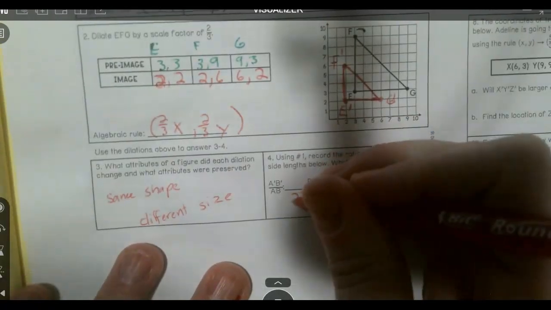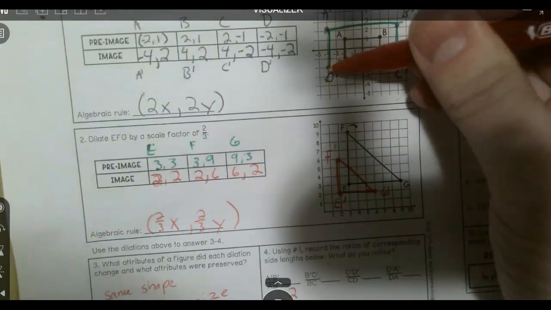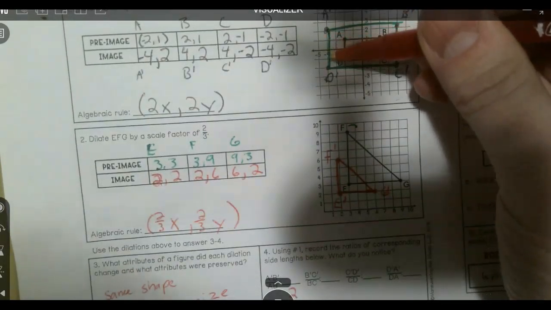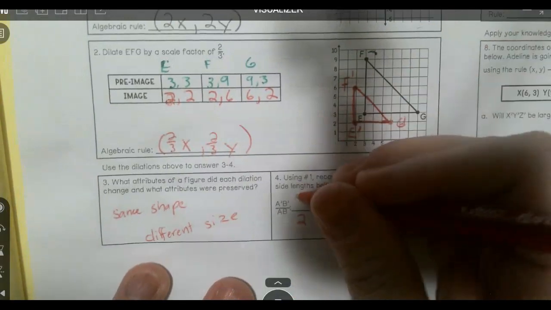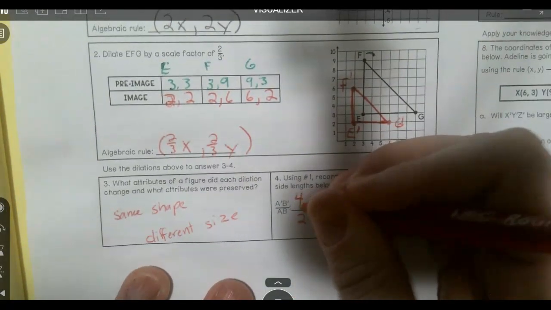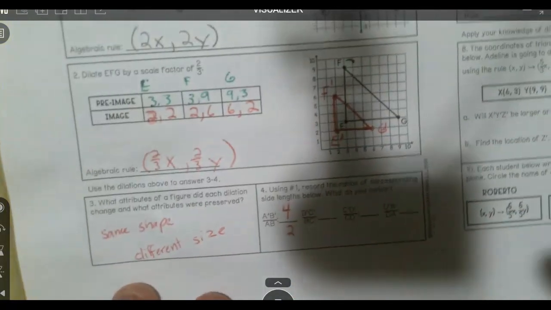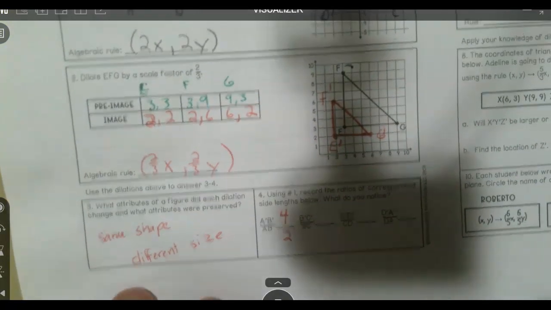Side AB prime was 1, 2, 3, 4 blocks. And this makes sense because we dilated the figure by 2, so it got twice as big.